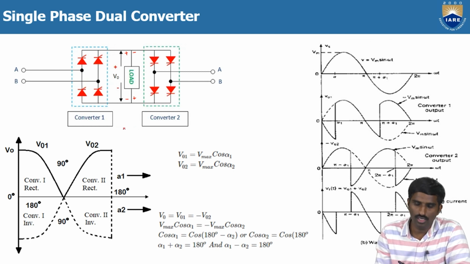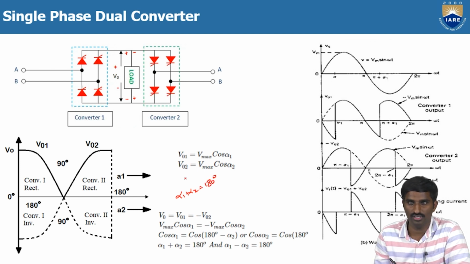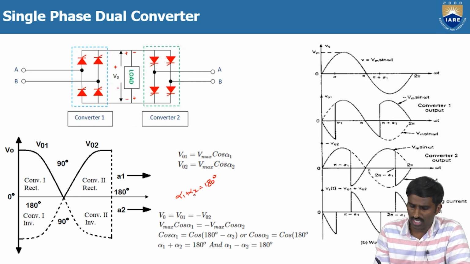Let us consider this is a circulating current mode, which means we are operating both converter 1 and converter 2 at the same time. The condition to operate both converters at the same time is that we should maintain alpha 1 plus alpha 2 equal to 180 degrees. Let us consider first alpha 1 for converter 1.